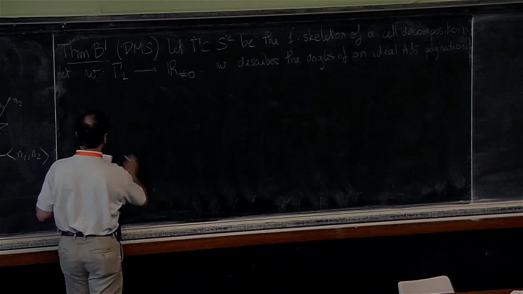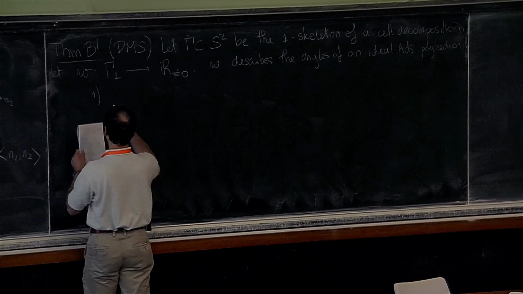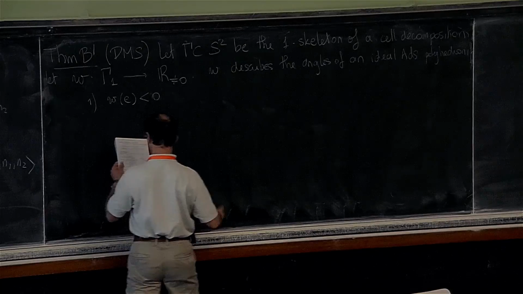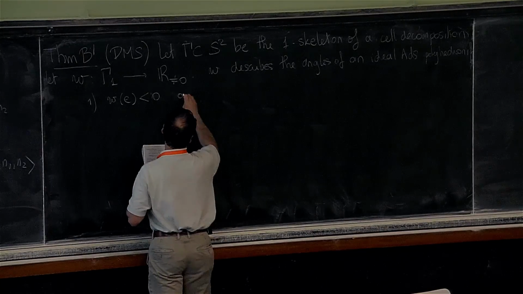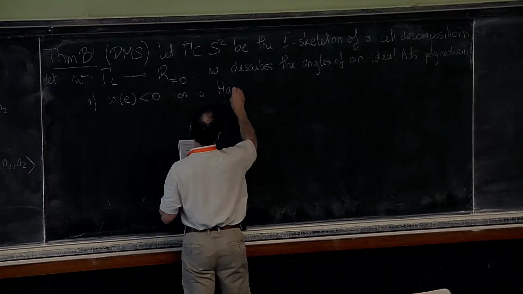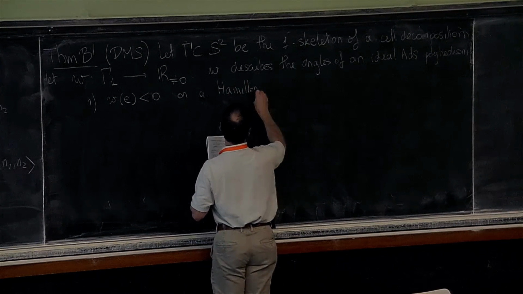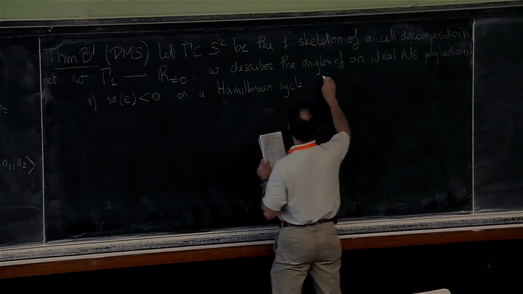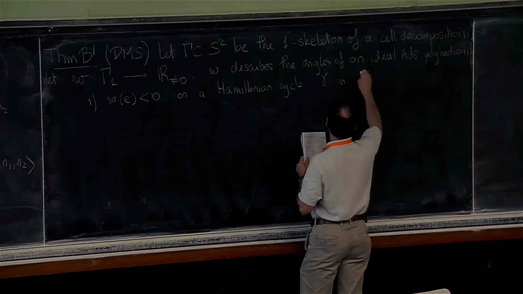The first condition is that W of E is strictly less than 0 exactly on the edges of a Hamiltonian cycle, let's say gamma, in big gamma.